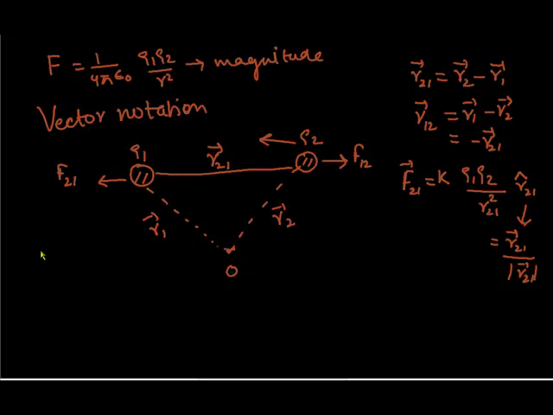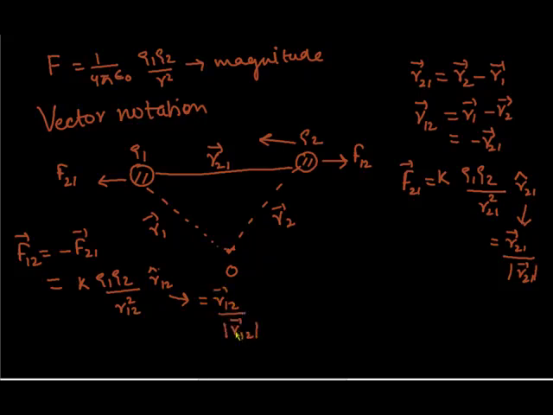Similarly, we can write the force on charge Q1 due to charge Q2, that is F12, is equal to minus F21, which is equal to K Q1 Q2 upon mod R12 whole square into R12 cap, where R12 cap is the unit vector directed from Q2 to Q1.